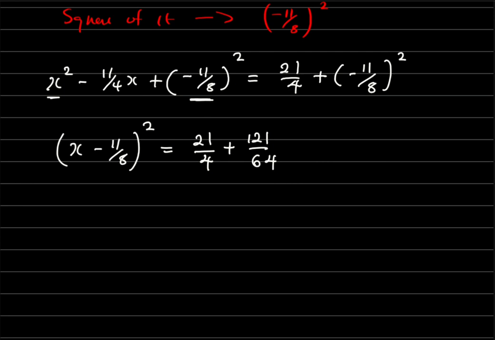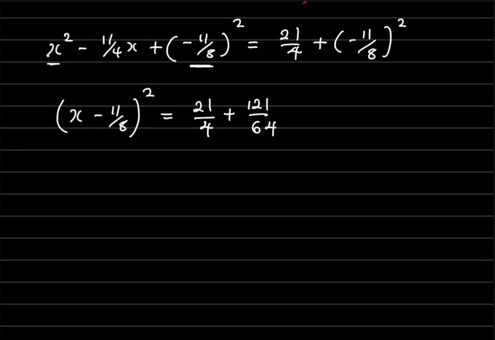Good. Since we have this, we move ahead to continue: x minus 11 over 8 all squared is equal to, and I can work this using my fraction knowledge. The LCM is 64. This is going to be 16, because 64 divided by 4 is 16.